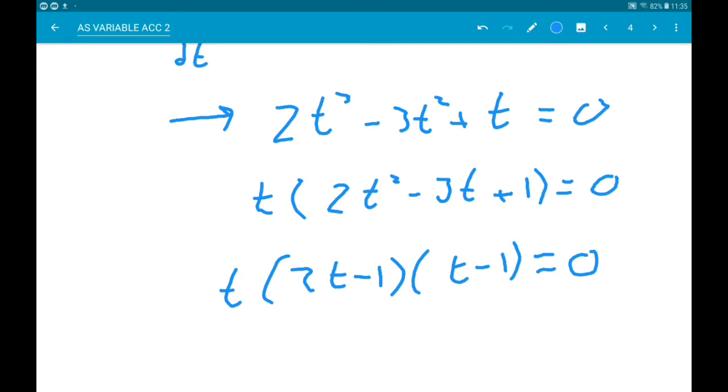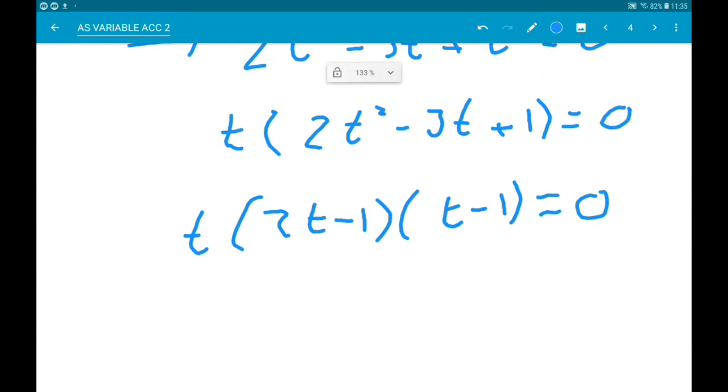Okay, now that then tells us t is 0, 1/2, and 1.